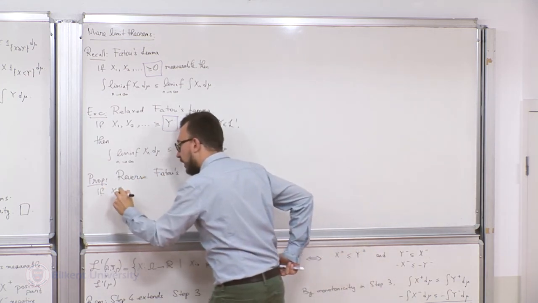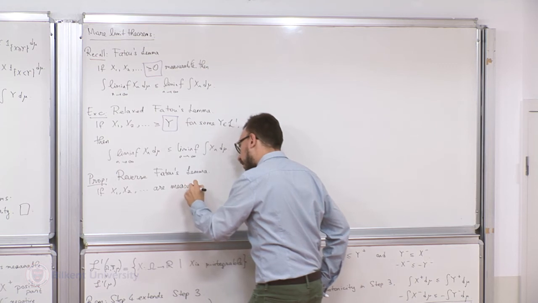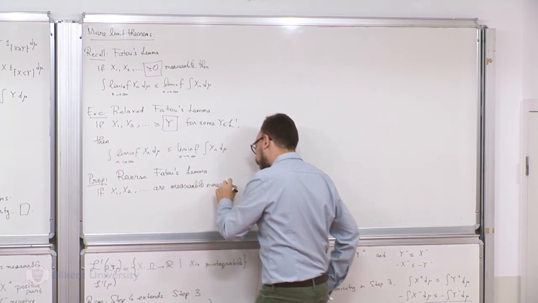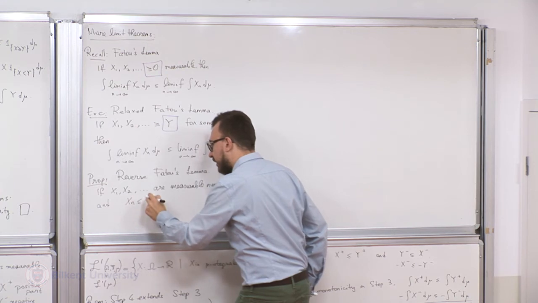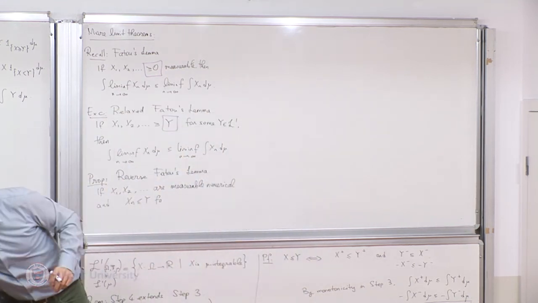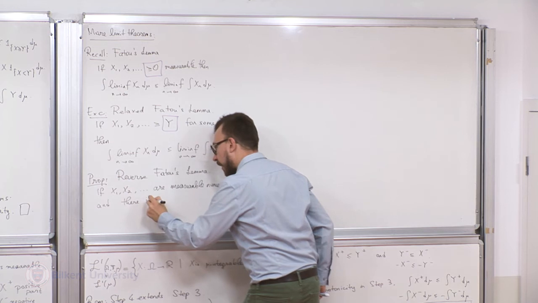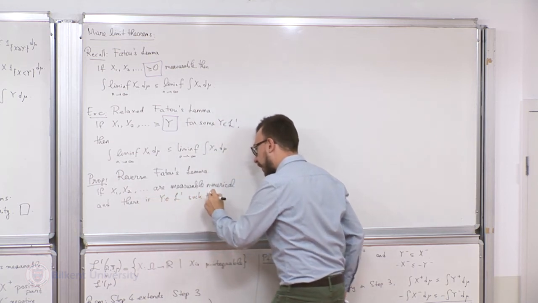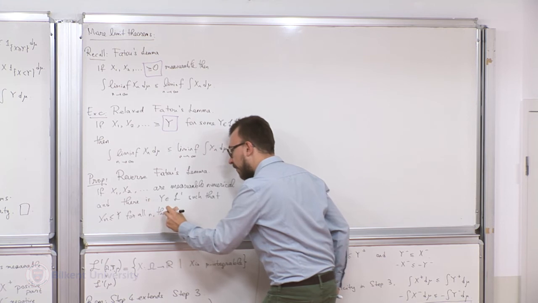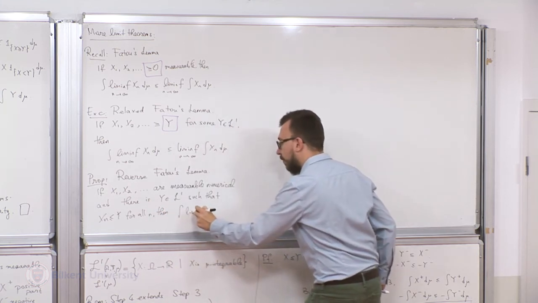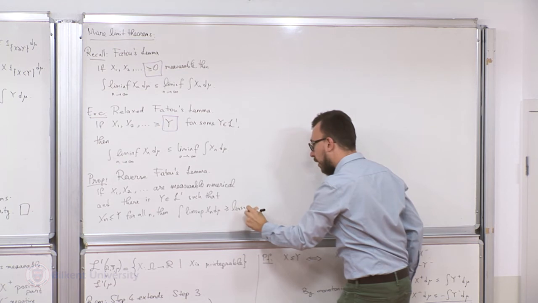So if x1, x2 are measurable numerical functions, and there is y that is integrable such that xn is less than y for all n, then we have the integral of the lim sup is not below but above the lim sup of integrals.